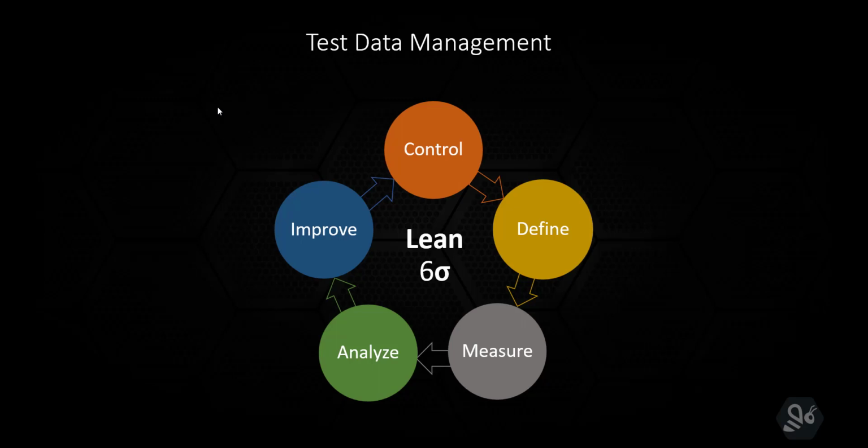Okay, so let's extend this a little bit, because we're talking about a couple of things here: test data management, the analysis of the data, the intelligence that is built inside of WATS in order to highlight the concerns, where they are, and the root cause.